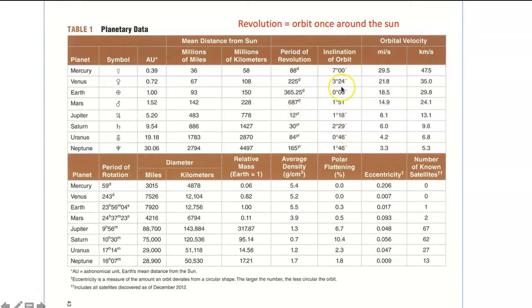Next, we have the inclination of orbit. And what the inclination of orbit means is this. First of all, there's a flat plane called the ecliptic. And the sun is in the middle, and the Earth goes around the sun. And that plane that's defined by Earth's motion around the sun is called the ecliptic. It's an imaginary plane, but it is defined by Earth going around the sun.